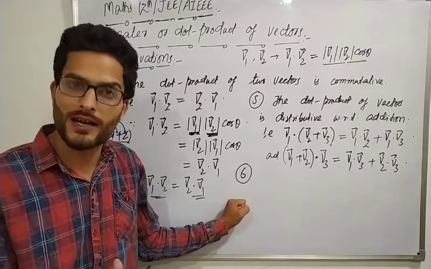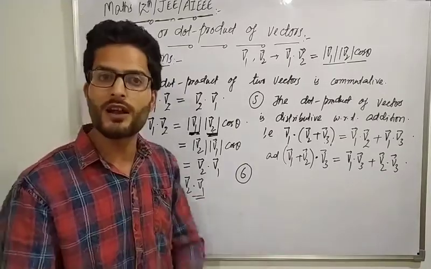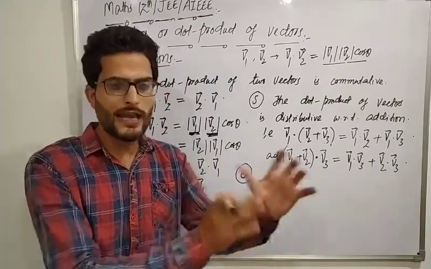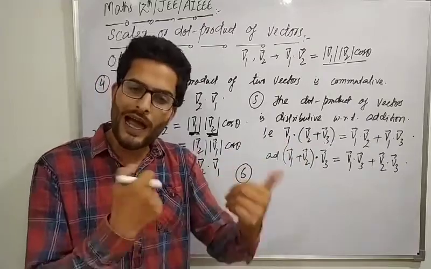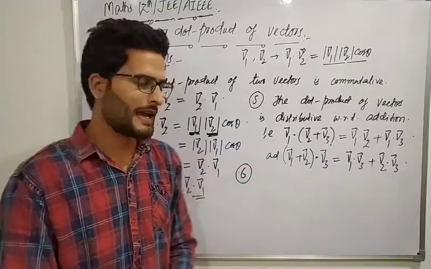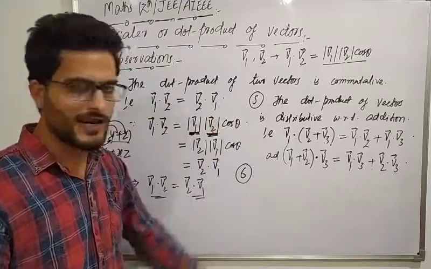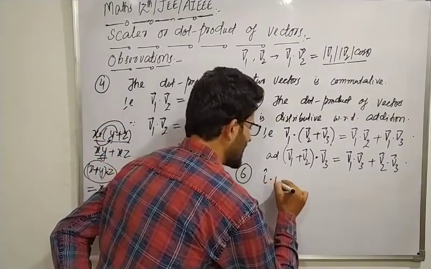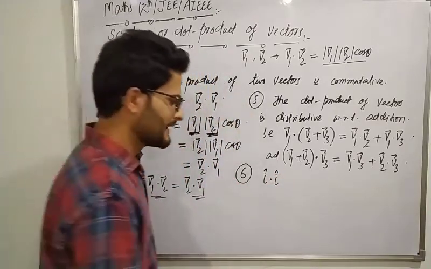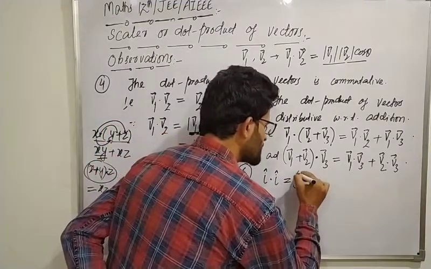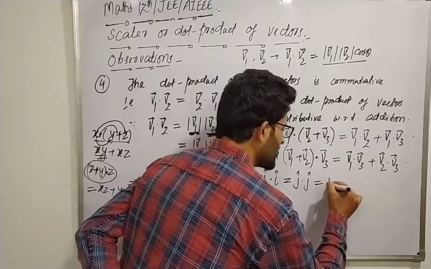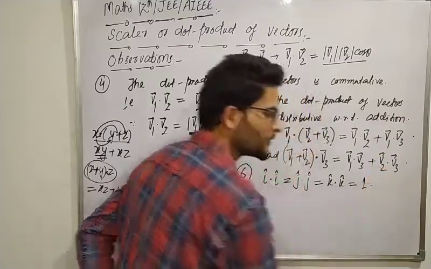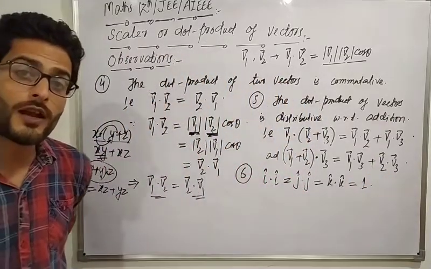If we dot i with i, what will the result be? If we dot j with j, what will the result be? If we dot k with k, what will the result be? Similarly, if we take the dot product of i with j, j with k, k with i, what will the result be? So that would be observation 6 under that concept. And here, i dot i must always be equal to j dot j, which must always be equal to k dot k, and that must be equal to the scalar unity, that is 1.